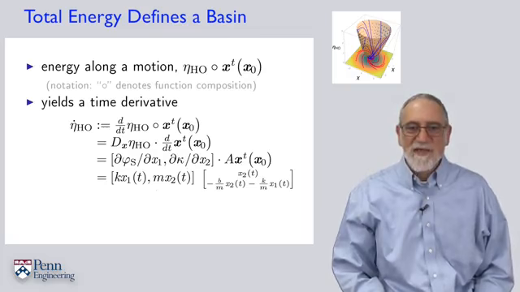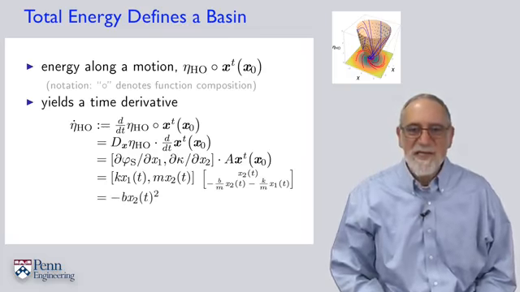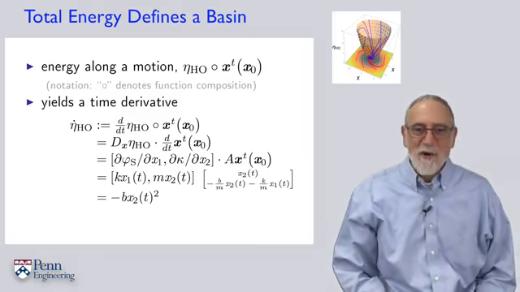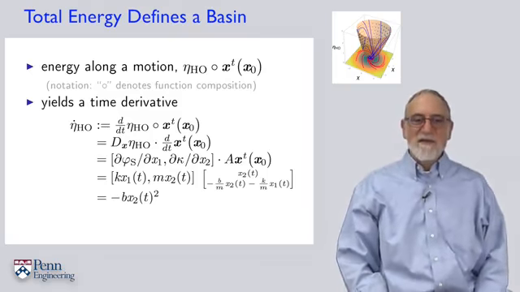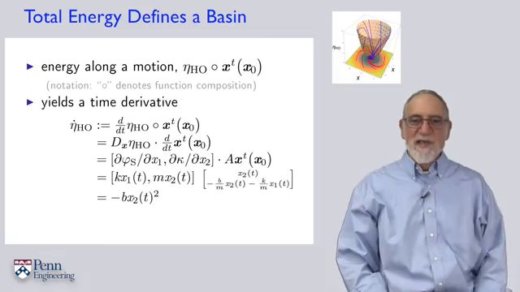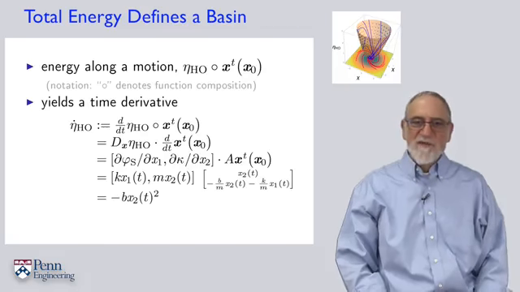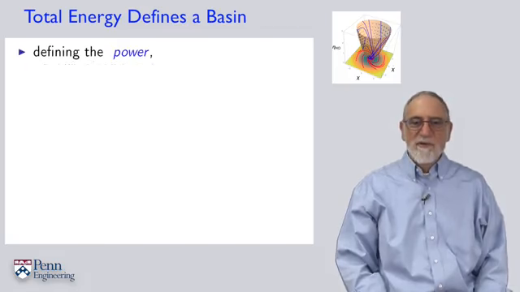Let me simplify that using linear algebra, and what I see is I get negative b times x2 squared at all times t. And that says that d by dt of eta, the original total energy variation, can never be positive. This is the algebraic proof of Lord Kelvin's observation that total energy in the face of viscous damping must always decrease. And from our point of view, we're going to interpret that geometrically as defining a basin.